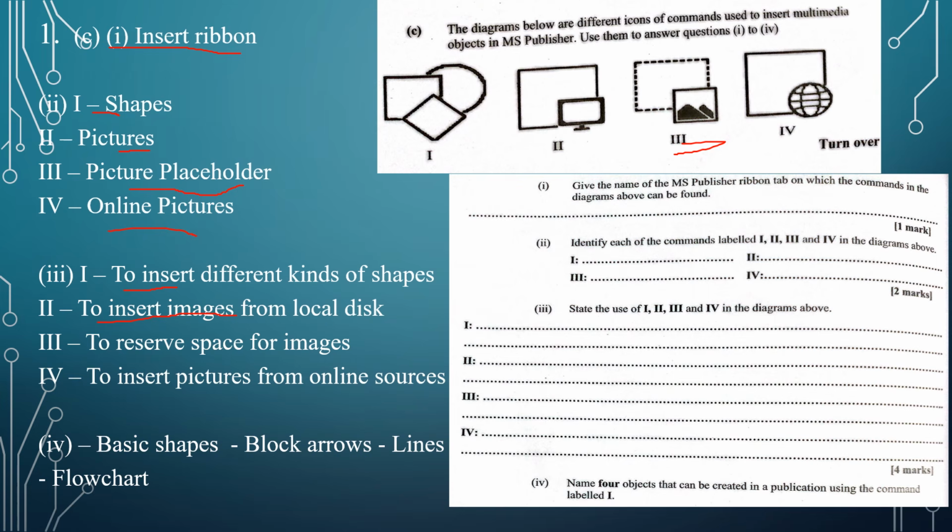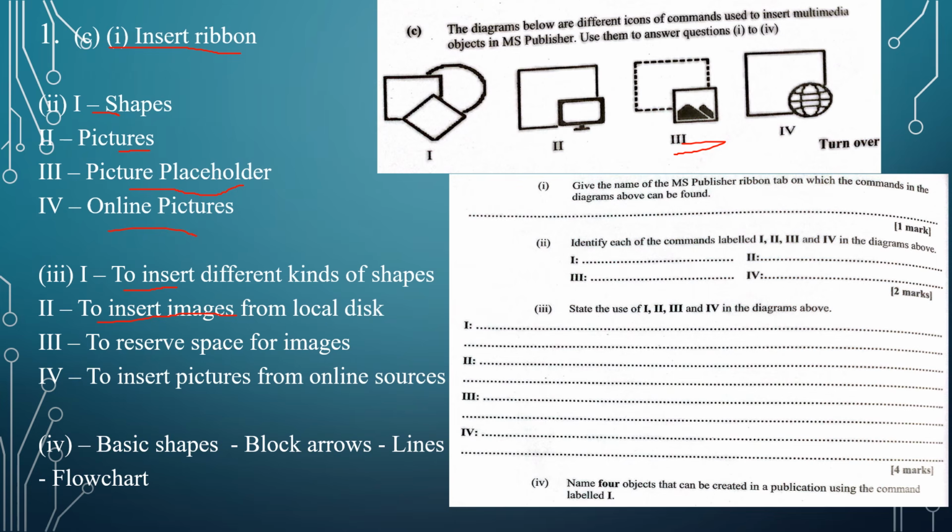Then the picture placeholder reserves spaces for images. If you want to insert an image in Publisher, you would have to get the placeholder that will keep the picture in a place or in a section of the document where you want it to be.